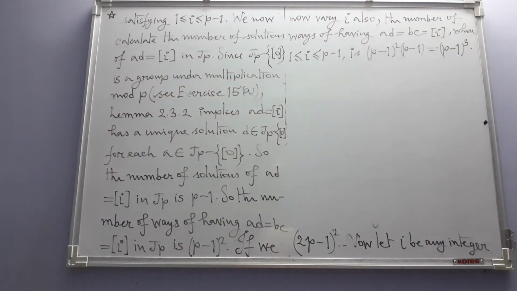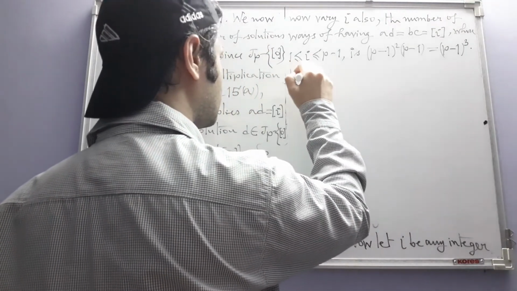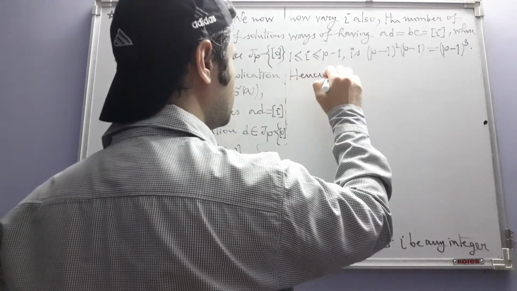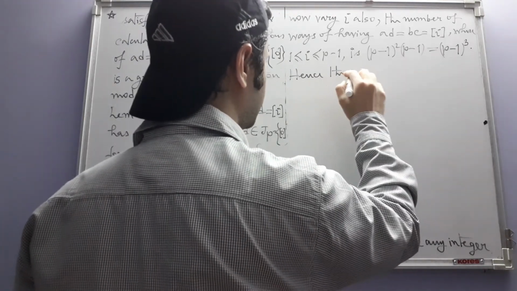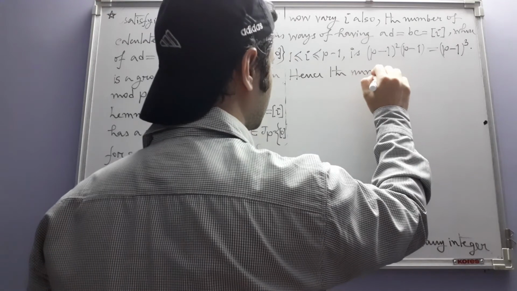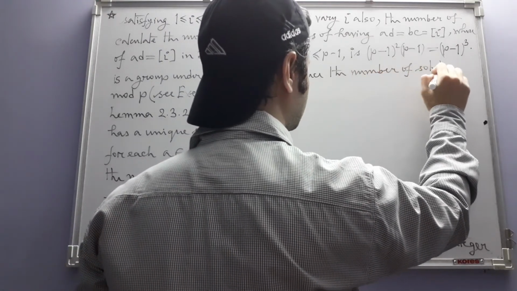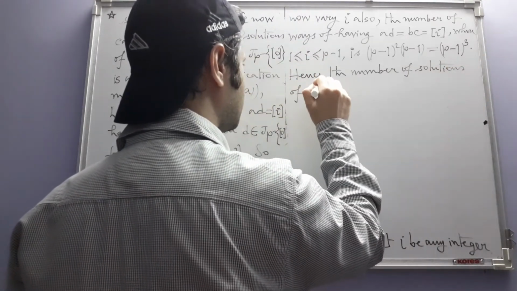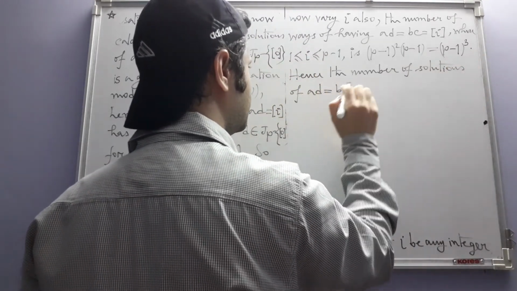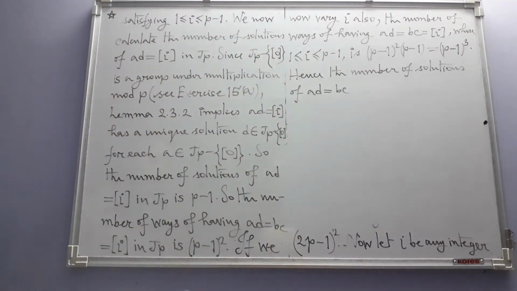So now we are ready to calculate the order of G. But before that let us just write the total number of solutions. So hence the number of solutions of AD equal to BC, and now we are not saying AD equal to BC equal to what, because we have taken into account all the possibilities.